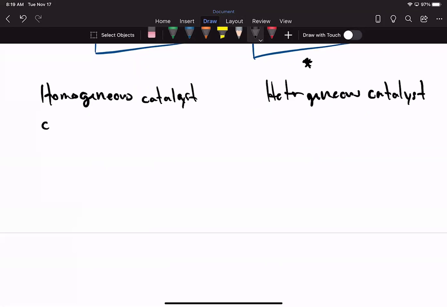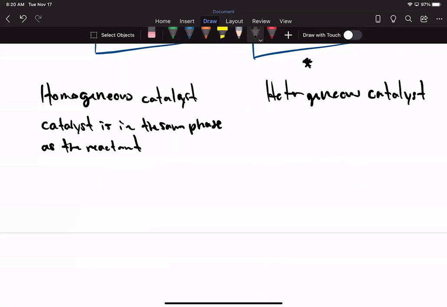But homogeneous catalyst, the catalyst is in the same phase as the reactant. If my reactant is gas, my catalyst is gas.